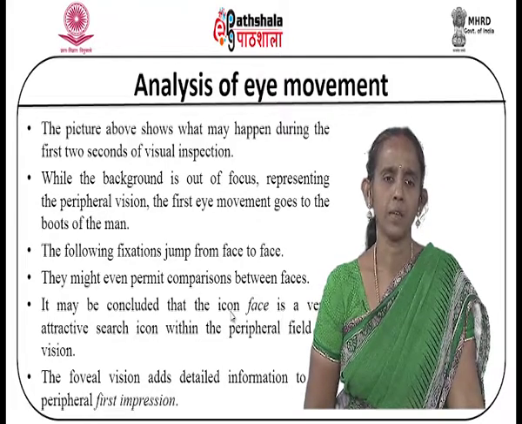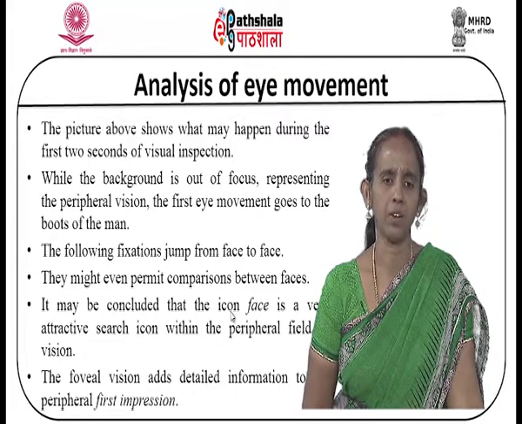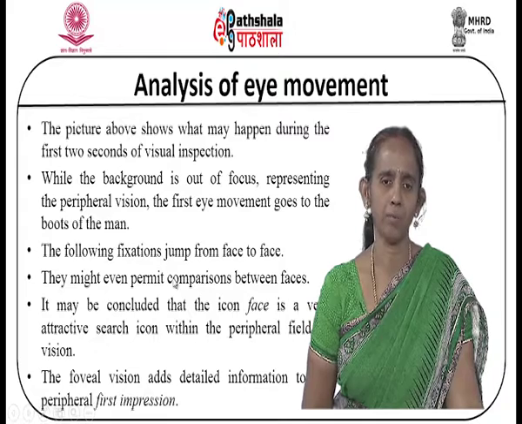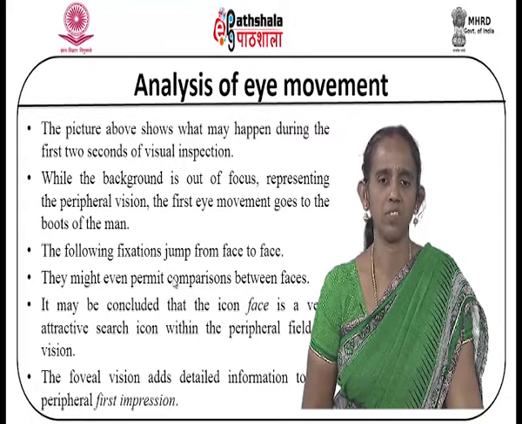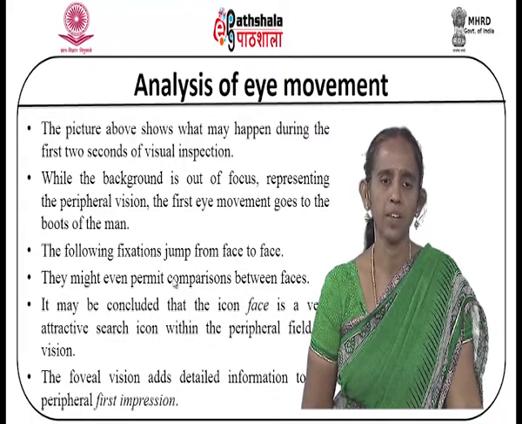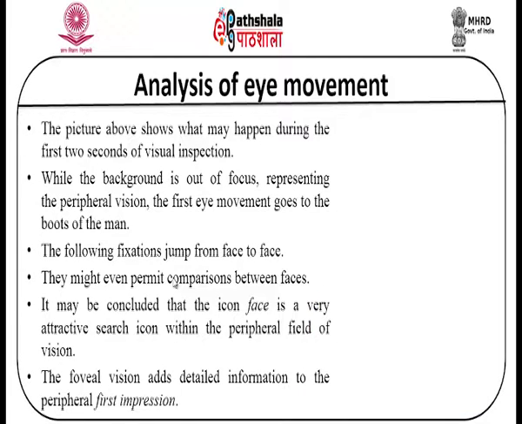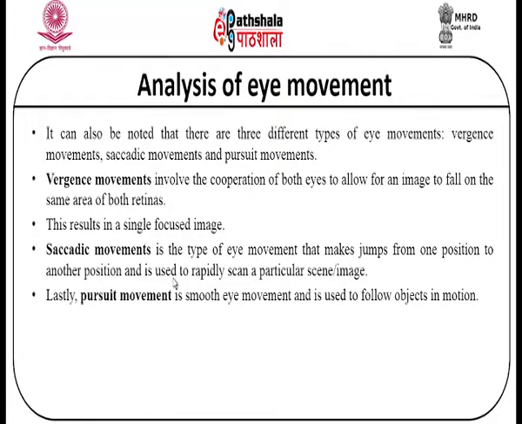Then we might even compare between the various faces that we see on that picture. It may be concluded that the icon face is a very attractive search icon within the peripheral field of vision. The foveal vision adds detailed information to the peripheral vision or to the first eye movement.